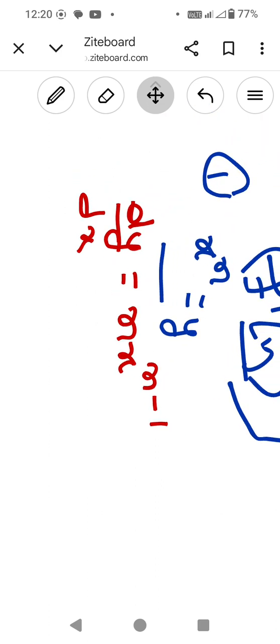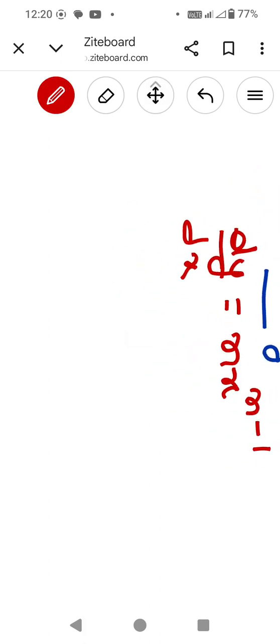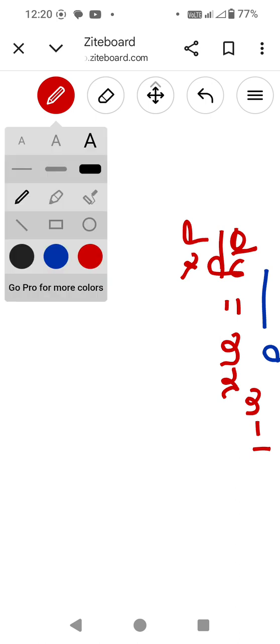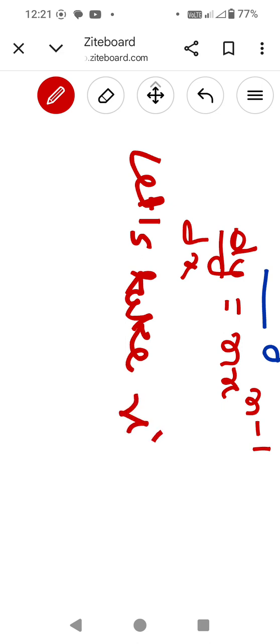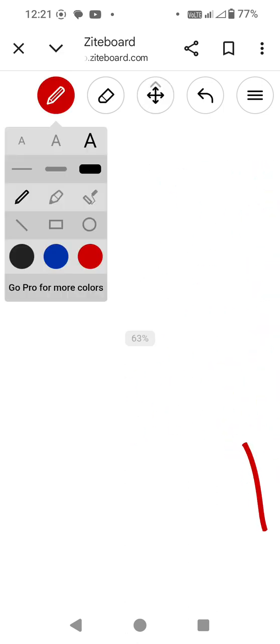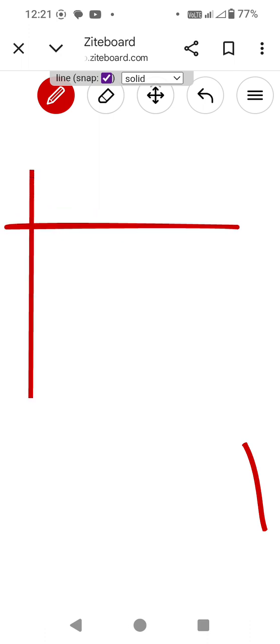Okay, we will derive it with two examples. Let's take the example of x square. We all know how the x square graph will be. We will be taking only the positive axis, because we will be dealing only with the positive axis. This is our line, right?